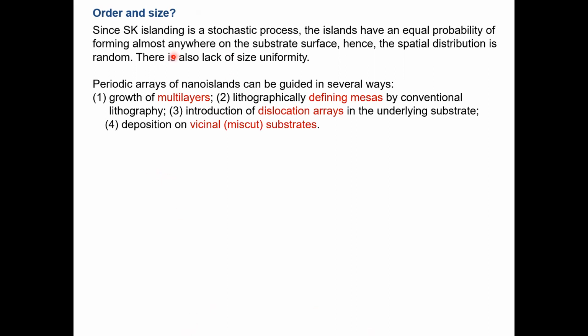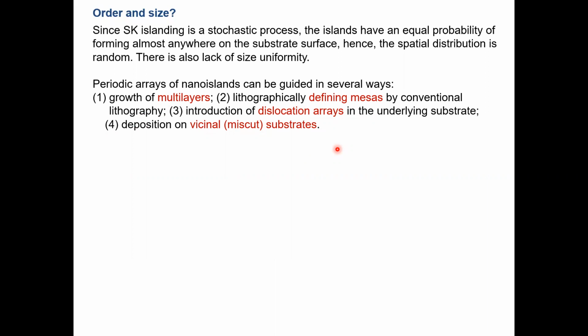You can guide them by growing a multi-layer film that we'll talk about, or you can define lithographically mesas and then deposit your film, or you can introduce dislocation arrays in the underlying substrate that will organize the features, or you can deposit on vicinal or miscut substrates that can help guide the order.